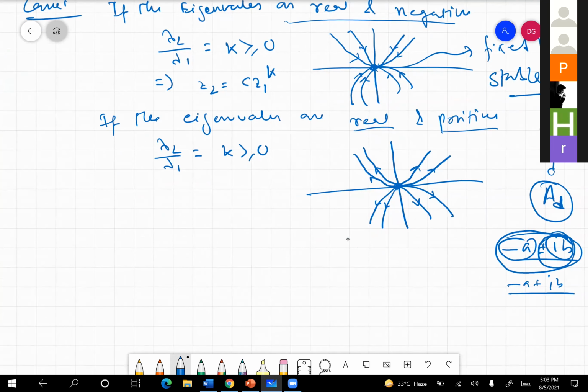Now we'll consider another case. If the eigenvalues are real, one positive and one negative.